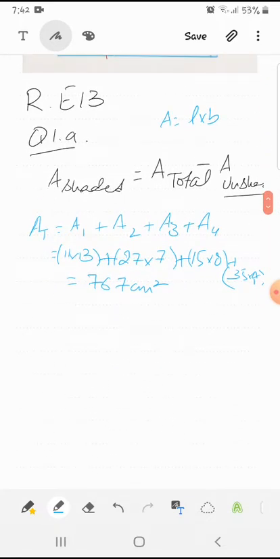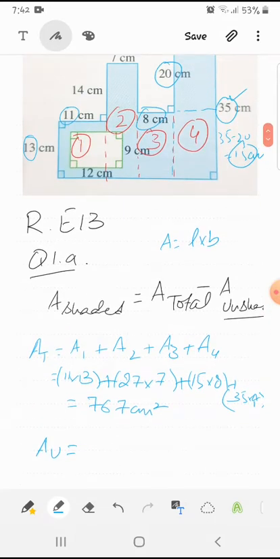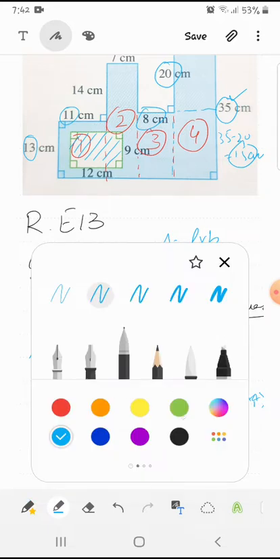And after that we need the area of the unshaded part.